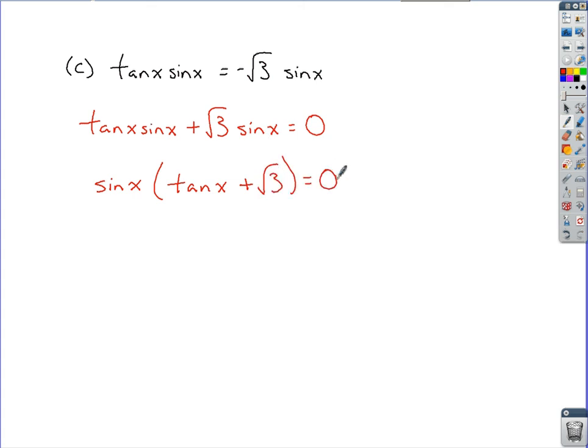So now we have something in a factored form and it equals 0, which is significant. We could take each factor, set each factor equal to 0, and we could solve. So the sine of x is one factor, set that equal to 0. Tangent of x plus root 3, another factor, set that equal to 0.